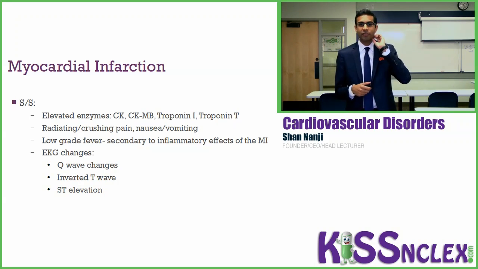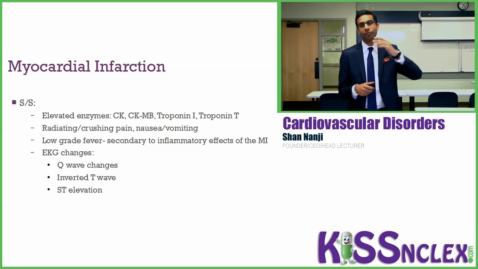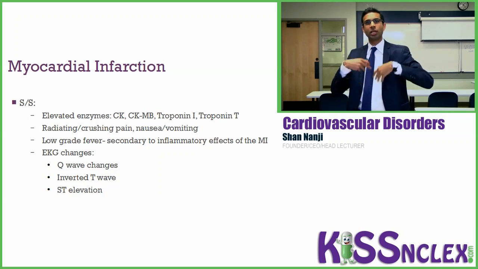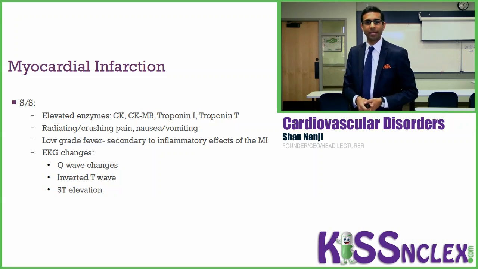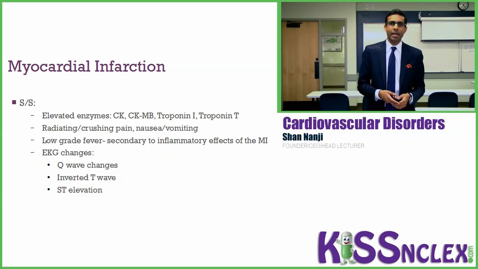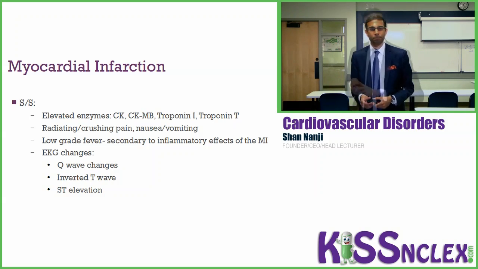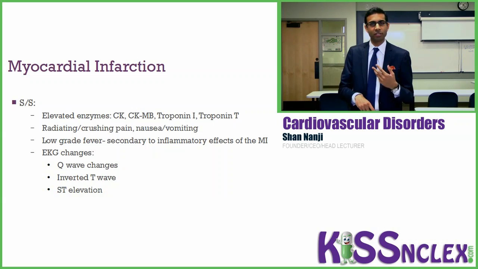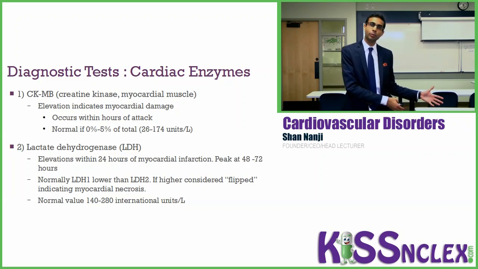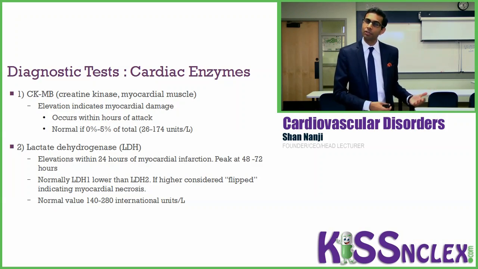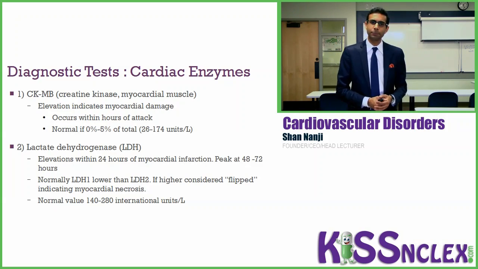They can also have a low-grade fever, which is secondary to the inflammatory effects of the MI. Because remember, anytime there's a cellular process going on, your body's going to react by causing inflammation in that area, so you can have a low-grade fever. EKG changes, you're going to see, so you can have a Q wave change, inverted T wave, or ST elevation, okay? So I told you we're going to talk about those enzymes, right, that will be elevated in MI, but not in angina. So let's talk now about these enzymes.